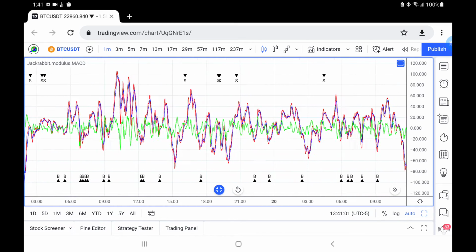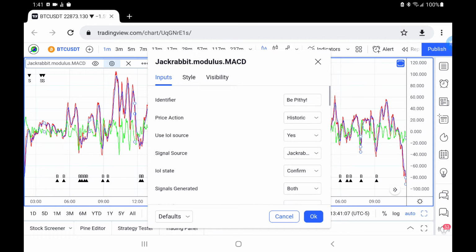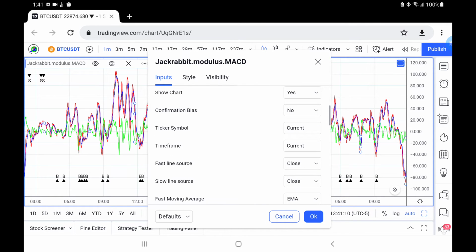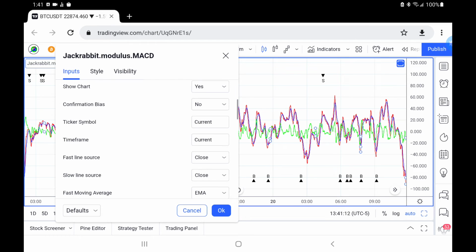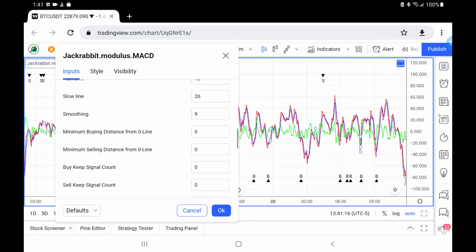So let's see. Let's actually bring up our settings. Let's slide this over. Okay, minimum distance.